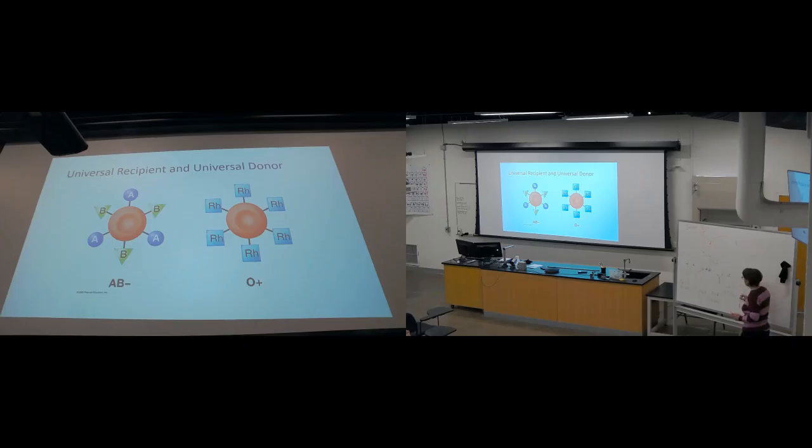So this person will at least have anti-A and anti-B antibodies for a minimum. So this person cannot receive blood that has A, B, AB, or Rh, because it will have anti-A, anti-B antibodies.